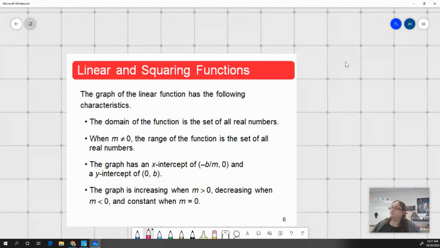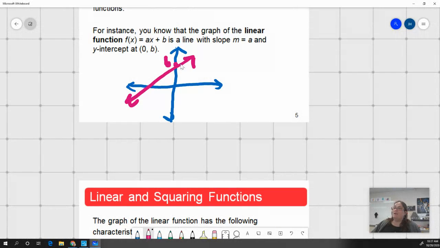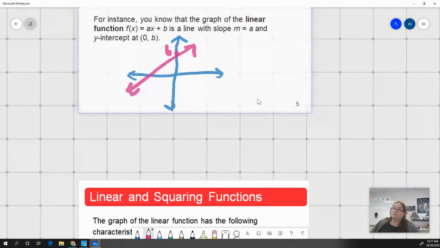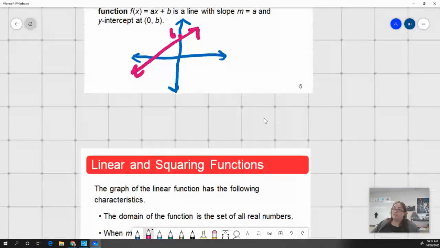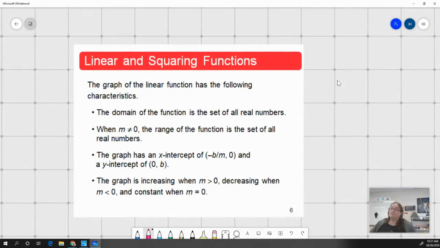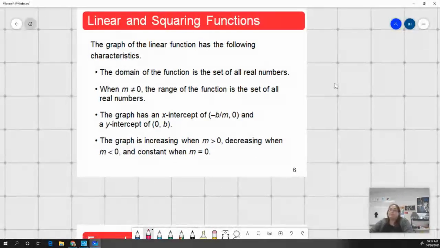Which means if you look at this graph I made, it can go up forever and it can go down forever. That means that we can have any value of x, so our domain is all real numbers, and we can have any value for y. This goes on forever, this goes on forever, so we can have any value of y as well. So our range and our domain are all real numbers.